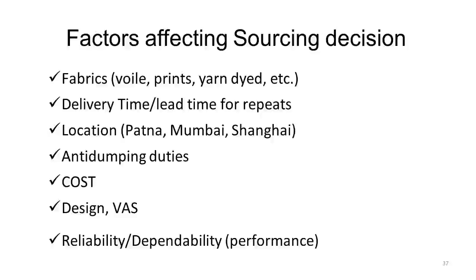You might find yourself in a situation where a factory is giving you a delivery period of 30 days when you're ordering for the first time, and will do the repeat order in 20 days, and you will find another factory which will do the order in 40 days but will do the repeat in 10 days. So you might use the first factory for the first order, but for the repeat order, you might do it with the second factory, which can do it in 10 days only.